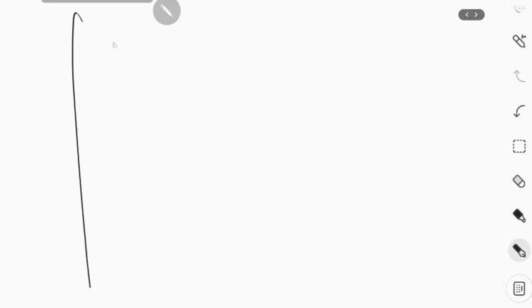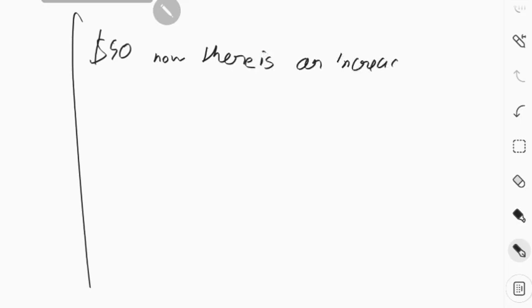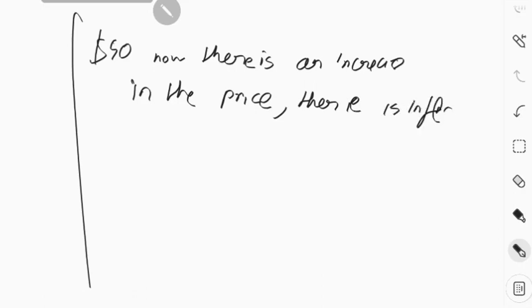What about if the prices are increased? Let's say the ball, which was $40, now has an increase in the price. There is inflation. You elected the wrong president, and he's going corrupt.